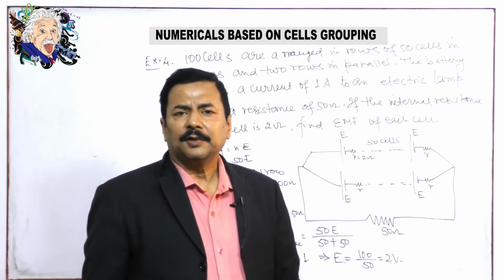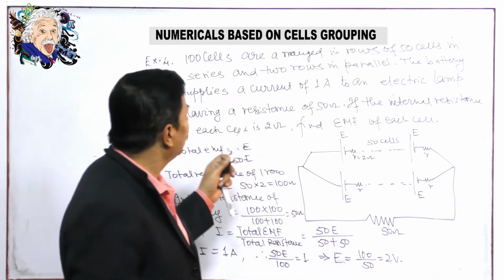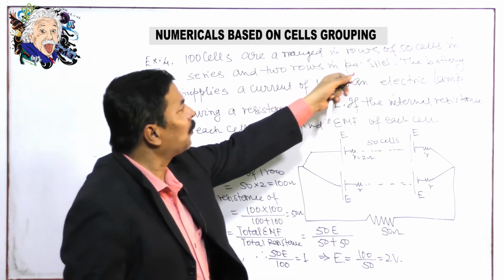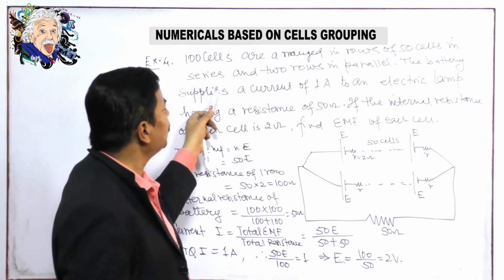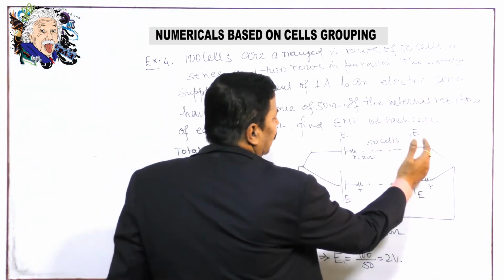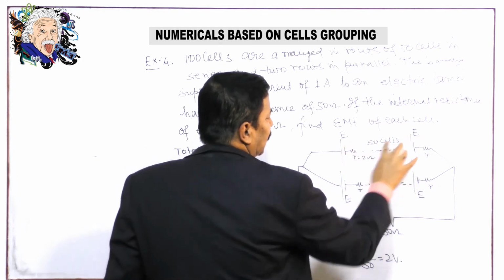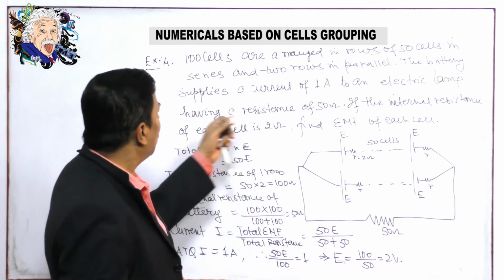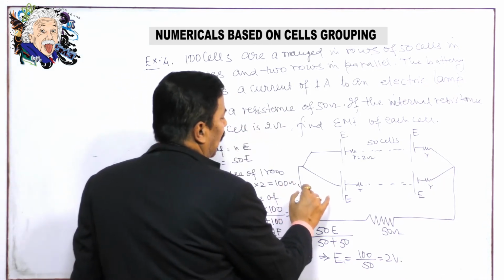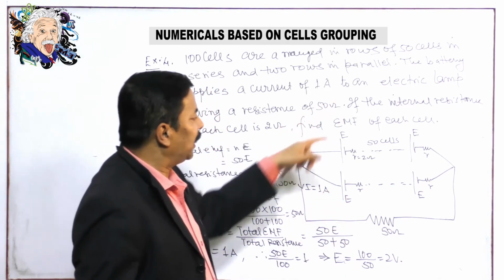In continuation of discussion, we are going to discuss the next question, and the next question says that 100 cells are arranged in rows of 50 cells in series and 2 rows in parallel. So 50 cells in series and 2 rows in parallel, row number 1 and row number 2. 50 cells are there. The battery supplies a current of 1 ampere, that means this current I is equal to 1 ampere, to an electric lamp.